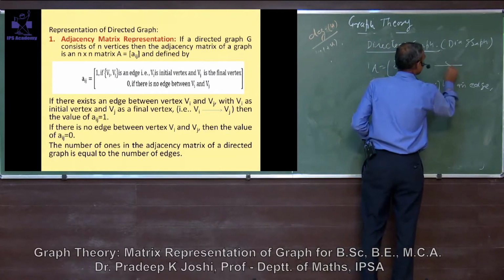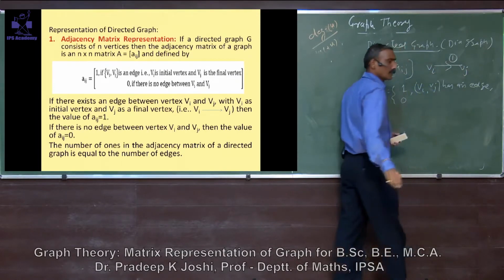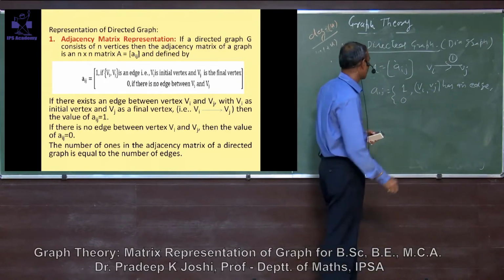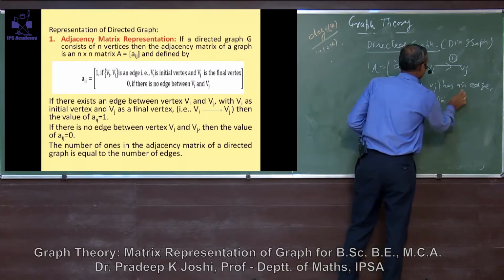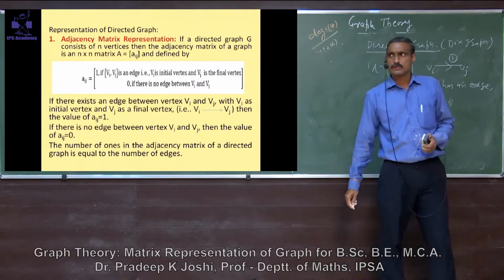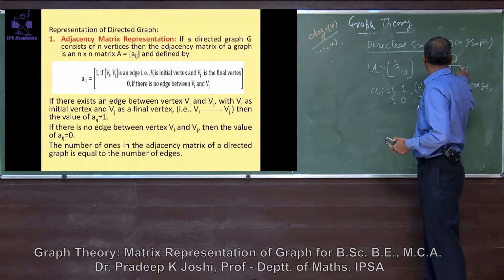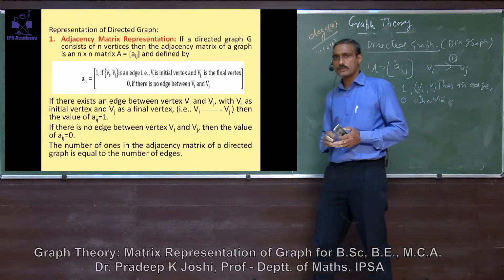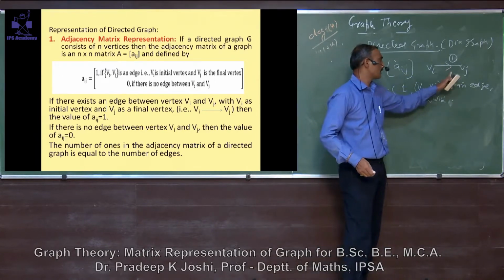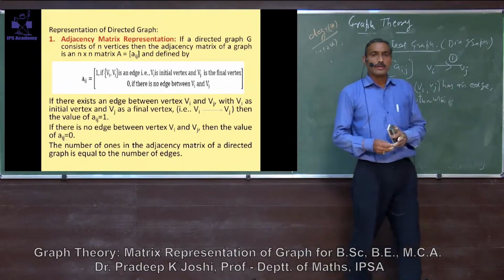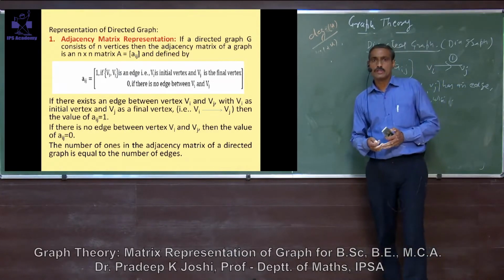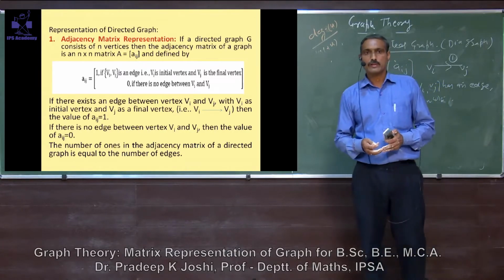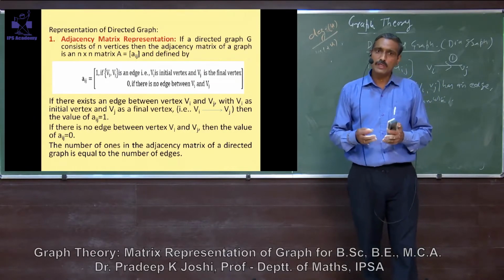If there is a direction from Vi to Vj, then put 1, otherwise 0. A simple concept: we have to know the meaning of Vi to Vj, that Vi is the initial vertex and Vj is the final vertex. If there exists an edge between Vi and Vj, where Vi is the initial vertex and Vj is the final vertex, then the value of Aij will be 1, otherwise it will be 0.